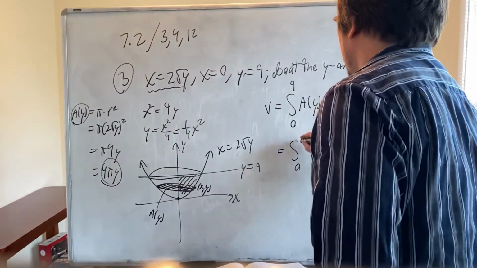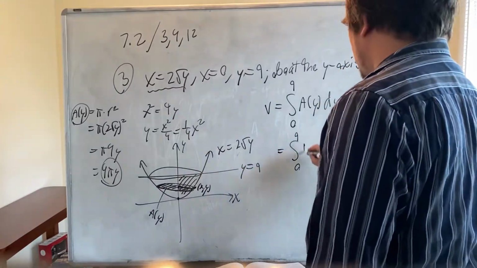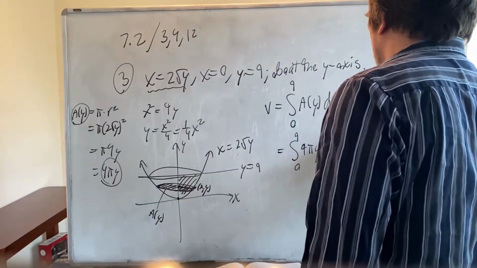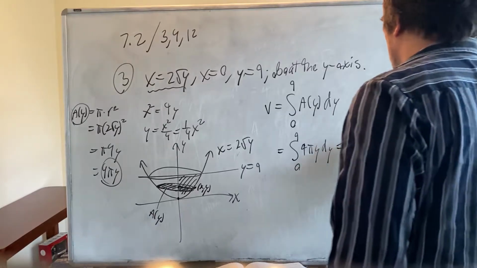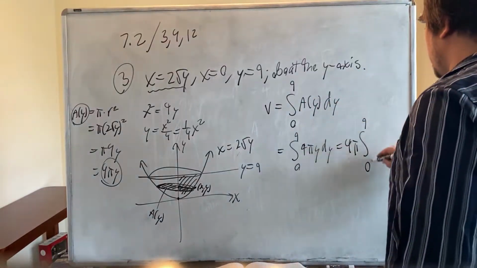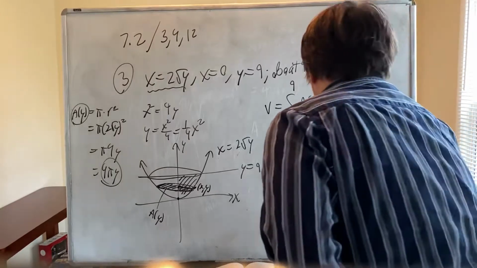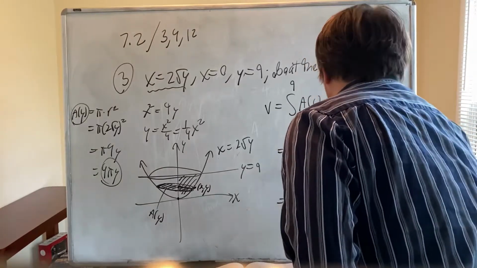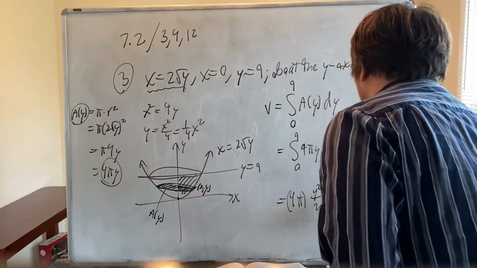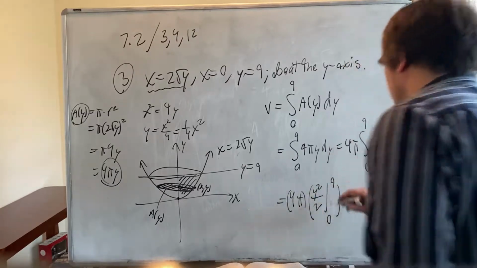So the volume equals the definite integral from 0 to 9 of 4 pi y dy. This is equal to 4 pi times the integral from 0 to 9 of y dy, which is 4 pi times y squared over 2 evaluated from 0 to 9.